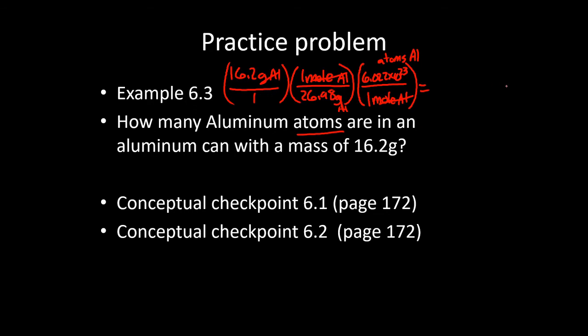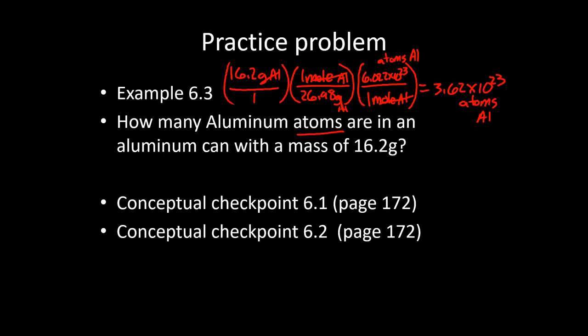That is going to give me a very large number, which is 3.62, we'll say, times 10 to the 23rd atoms of aluminum. All right, I hope that made sense.